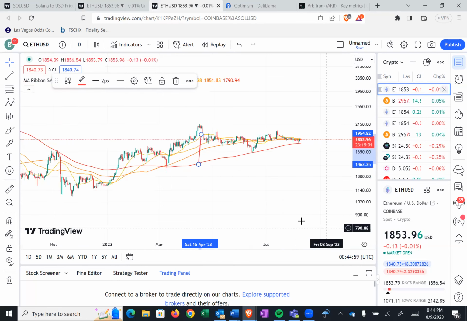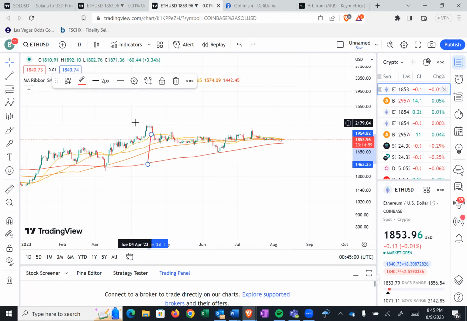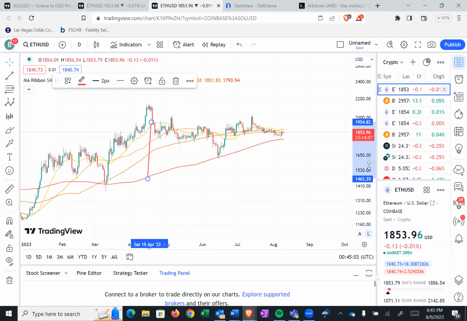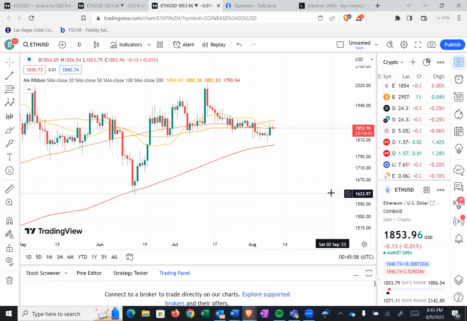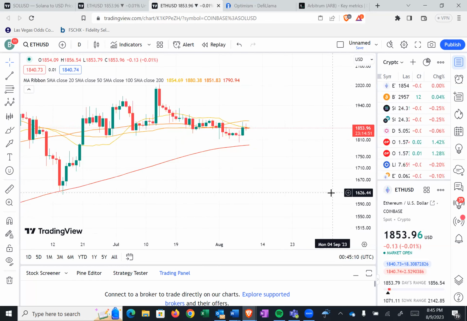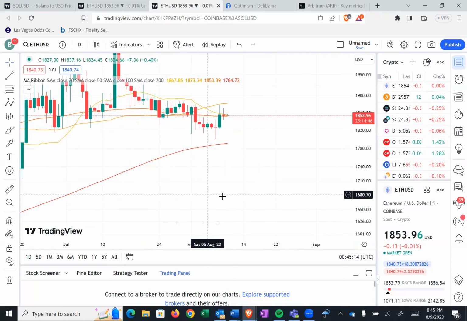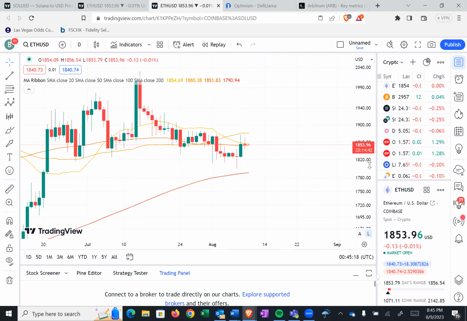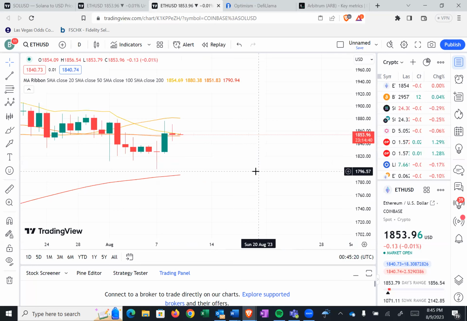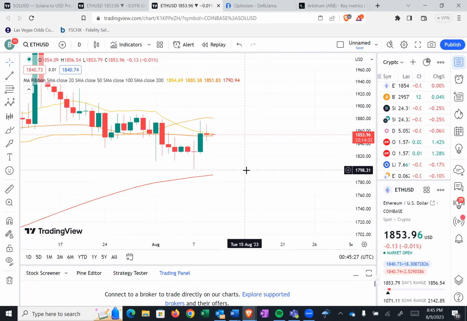Now, I don't know that, but what we need is to order these up again. Right now it's just accumulation, but I don't think it's that hard to do. We have the 100 here, bam, all of a sudden we start rallying, the 20 comes up, and then we're in order again.